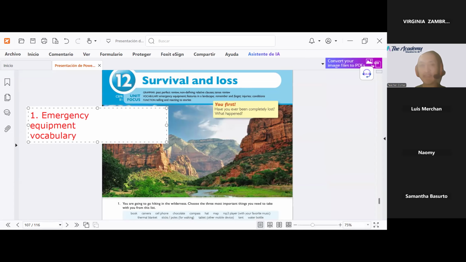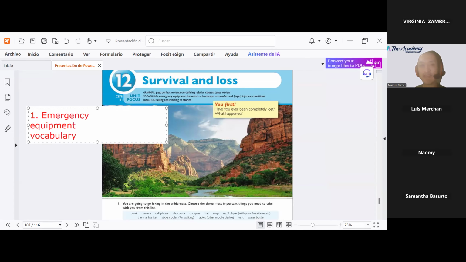Excellent, mapa. In the past, for example, we used to have the printed maps. They used to be very, very big. But now it's easier because we got Google Maps, we got Waze, we got a map in our cell phones. All right, so map, this is number 6. Thank you, Virginia. Let's carry on to the next.